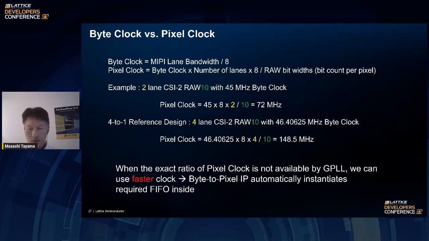Ideally, we need to have the same data rate before and after this IP by providing a matching pixel clock. In case we cannot generate the exact clock speed to match the data rate, byte-to-pixel IP still works for data unit conversion if we can provide the faster clock. The required FIFO is automatically generated inside the IP, including FIFO write and read control.